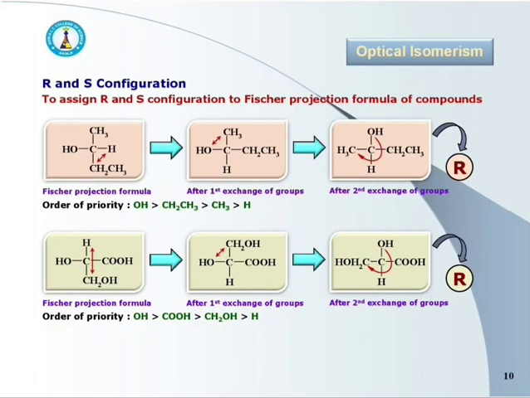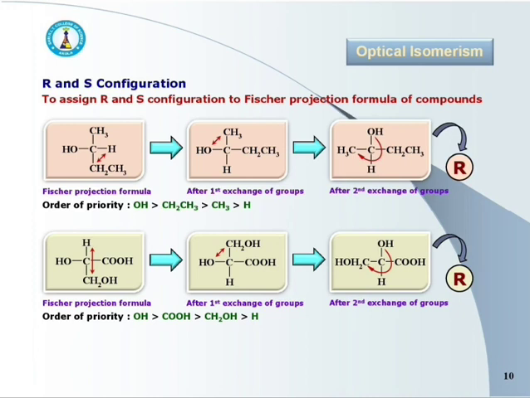Now, how to assign R and S configuration to Fischer projection formula of compounds? See the first Fischer projection formula. Four different groups are attached: OH, CH2CH3, CH3 and hydrogen.